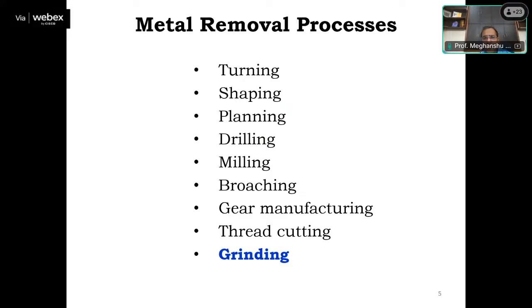In the metal removal category, we have very common processes: turning, shaping, planing, drilling, milling, broaching, gear manufacturing, thread cutting, and the last one, grinding. To explain the application of the Barkhausen noise technique in manufacturing, I have used a very common process that we studied in our previous lecture session from 11:30 to 12:30, that is grinding.